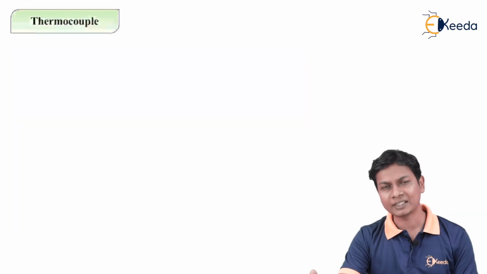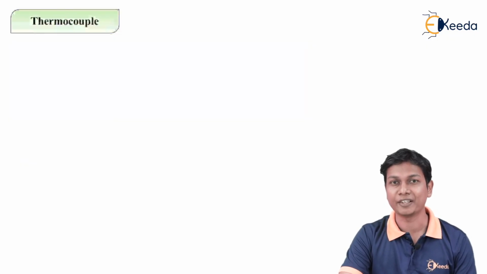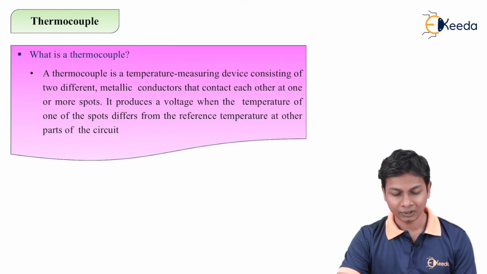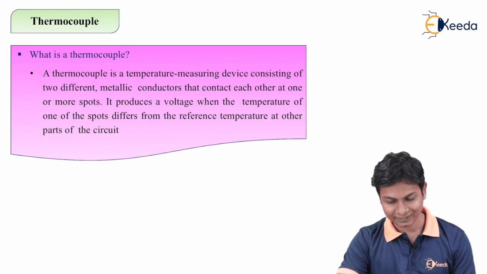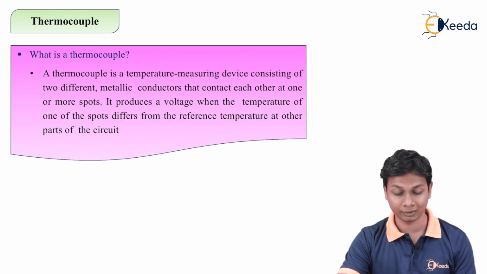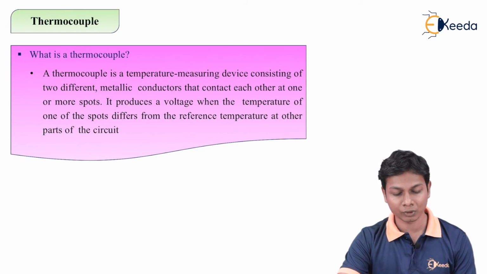Now here we can see another sensor. The sensor name is thermocouple. It is obviously a temperature sensor. A thermocouple is a temperature measuring device consisting of two different metallic conductors that contact each other at one or more spots.